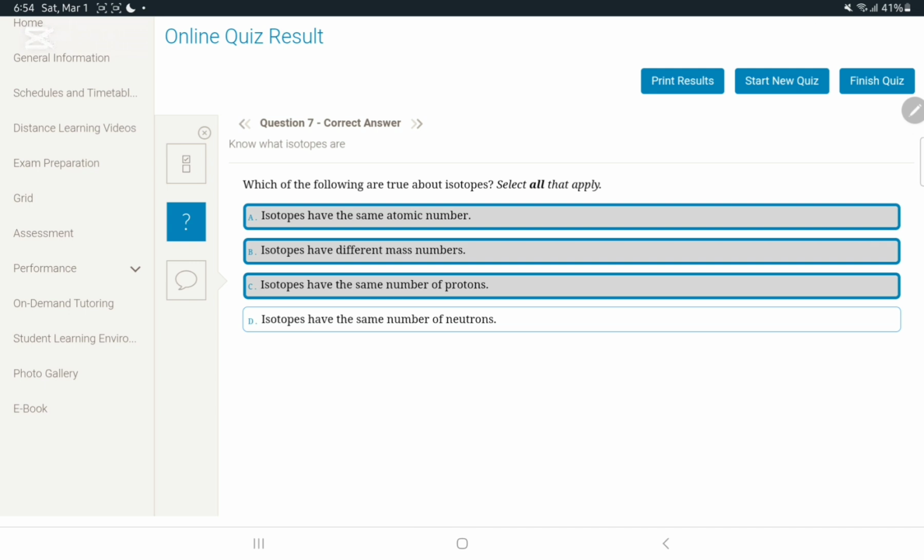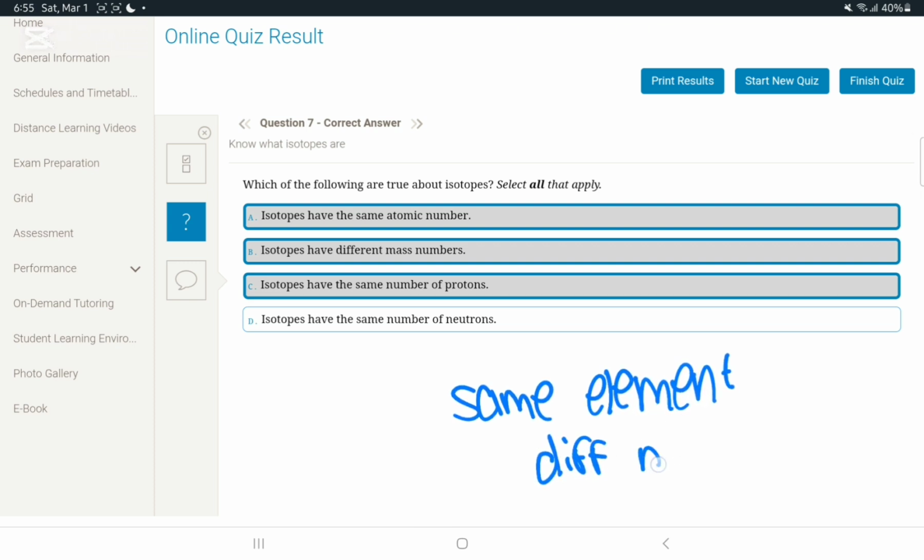Isotopes, what's the thing about isotopes? You just need to know that it's the same element, but what's different is the neutrons. If there are different neutrons, that means there are different nucleons, because what are nucleons?